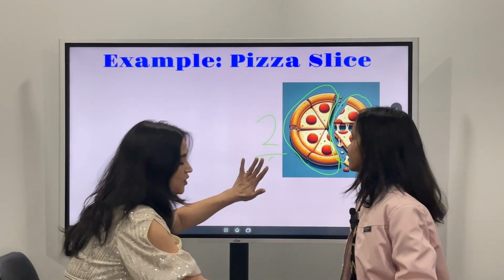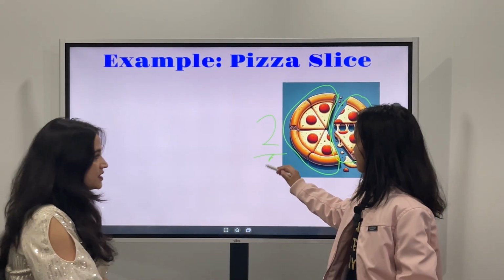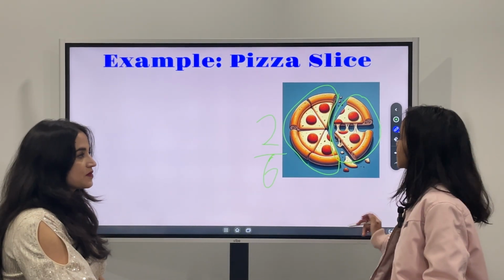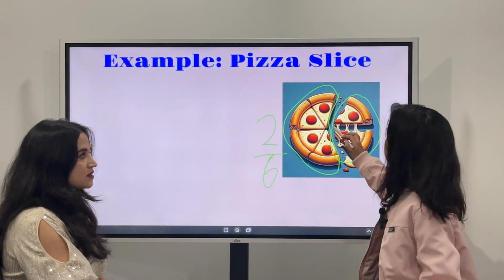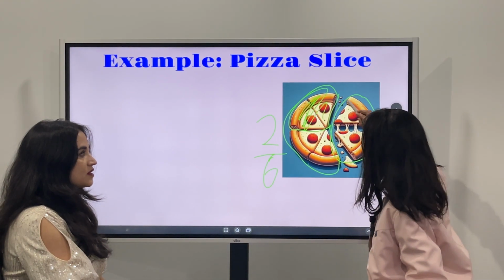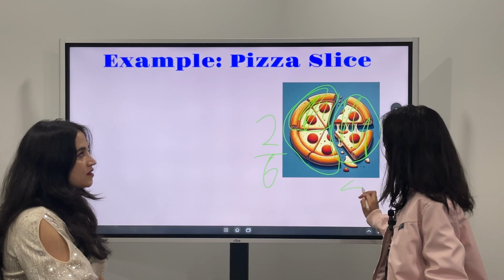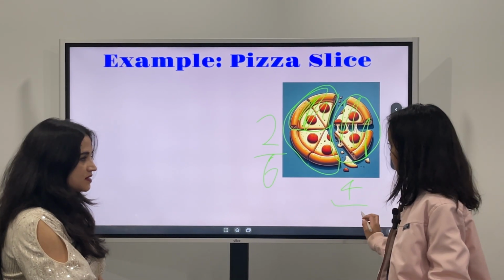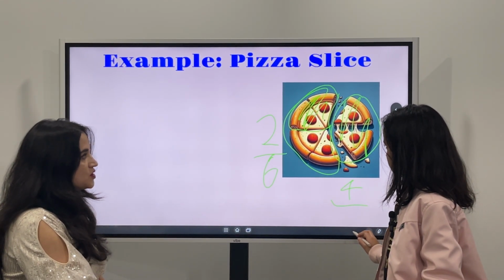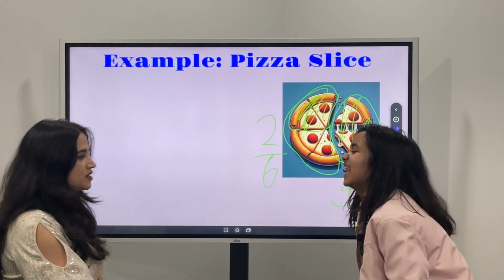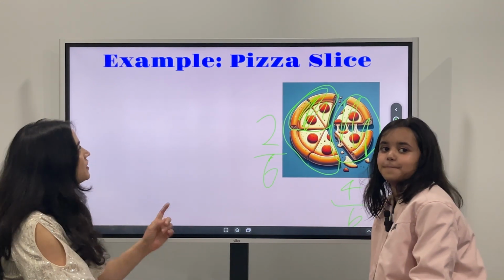So the fraction will be 2 by 6. And if somebody else ate 4, then it would be 4 out of 6, because then only 2 left.